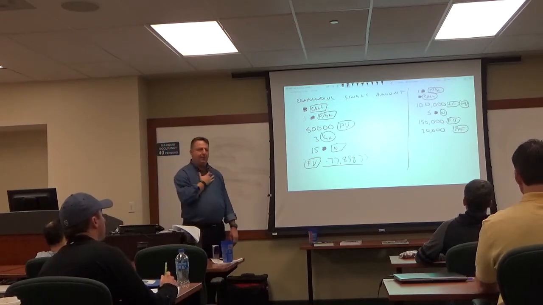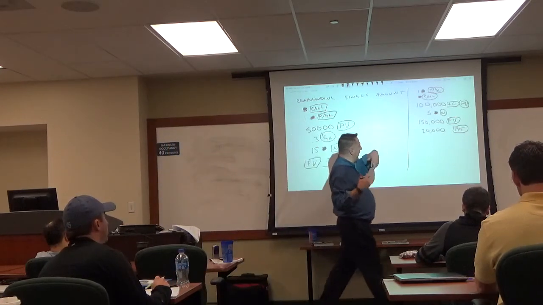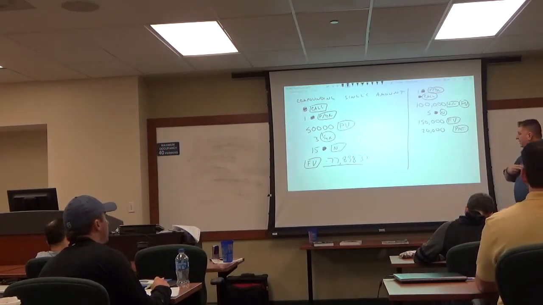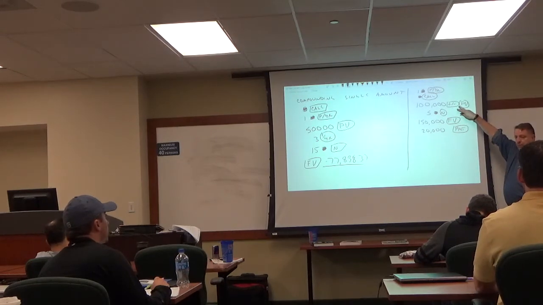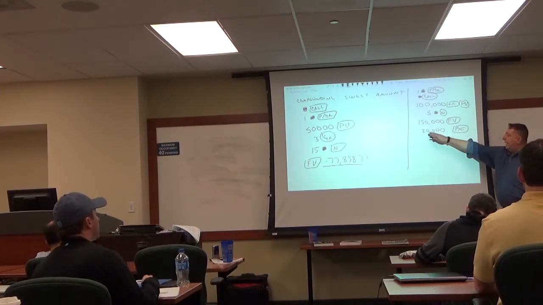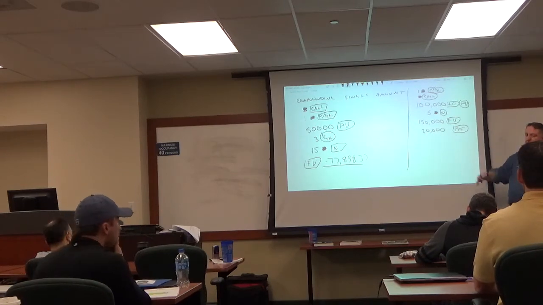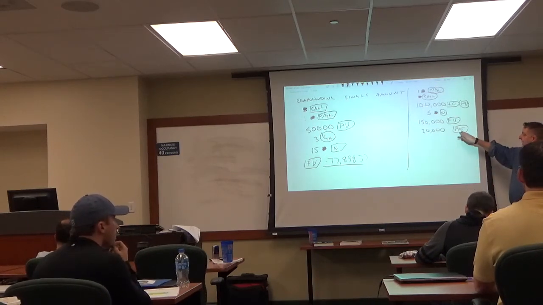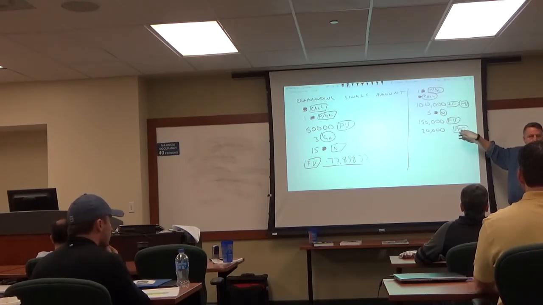If this is my investment, as an investor I have spent the $100,000 up front, and I'm going to get $150,000 at the end of all of this, and during the time I own it, I'm going to be receiving $20,000 a year in rental income, then yes, this is going to be a positive payment. Does everybody follow me on that? Yes or no?